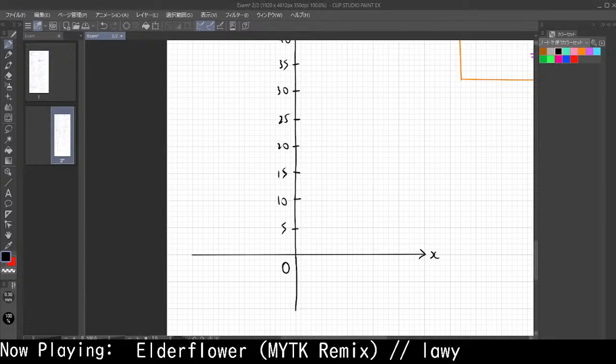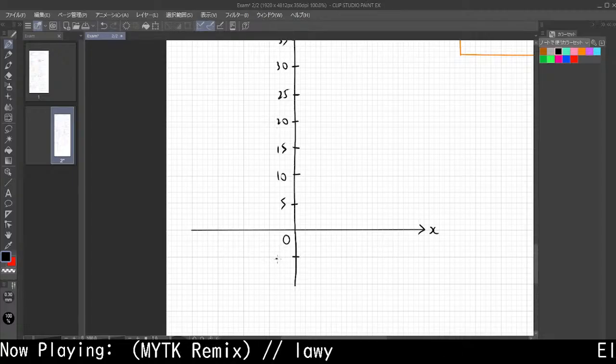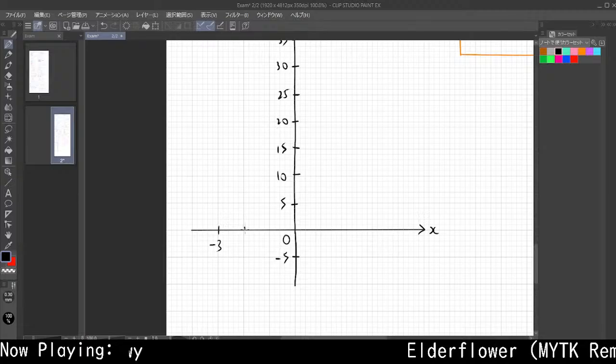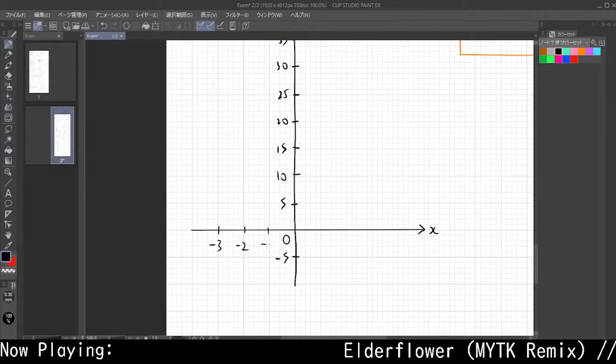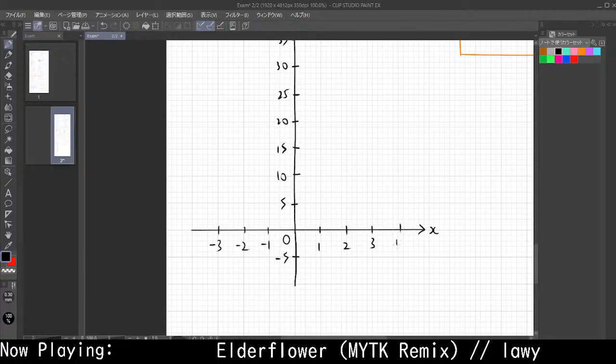Then 0 is here, this should be -5. For your x, it's 2 cm to 1 unit, so one box is 1 unit: -3, -2, -1, 1, 2, 3, 4.